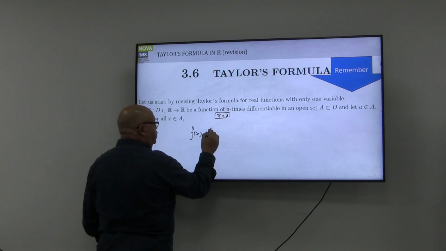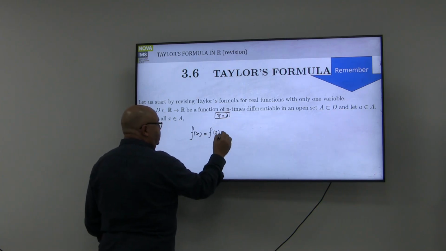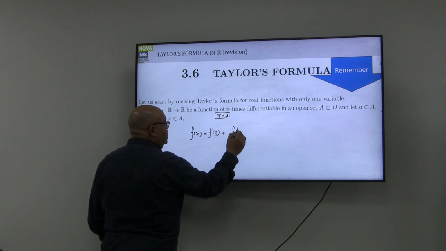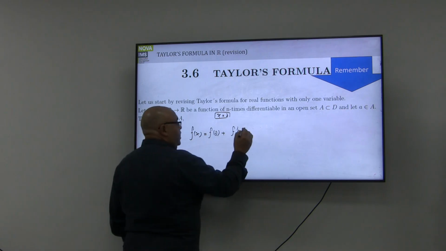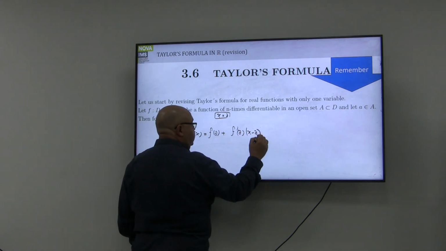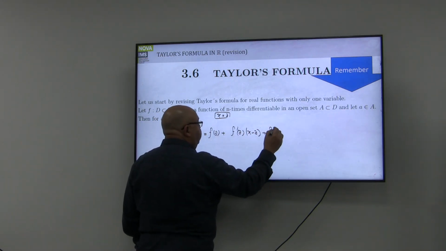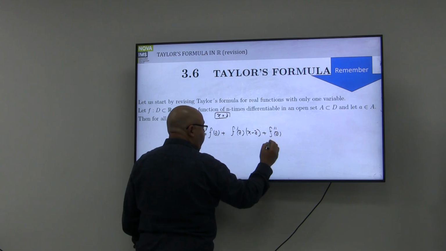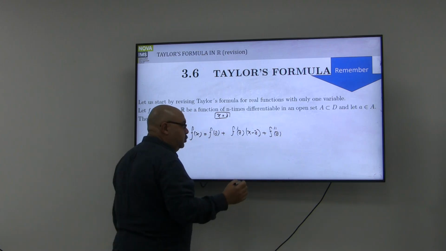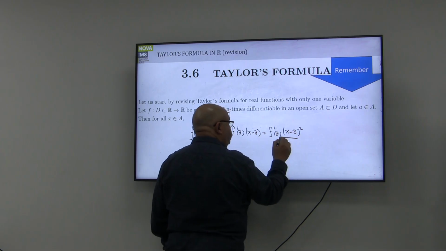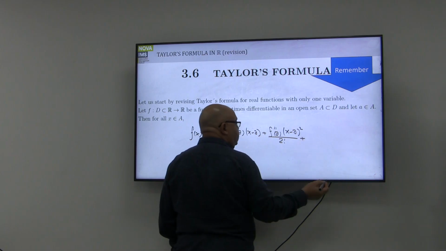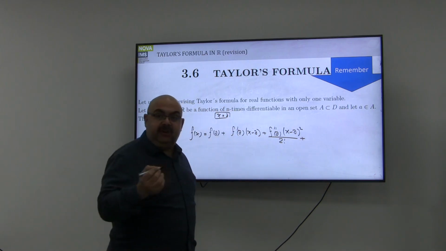All I have to do is get the value of f at a, plus the first derivative of f at the point a times x minus a, then f double dash at a times x minus a to the power of 2 divided by factorial 2. Then repeat for the various terms.